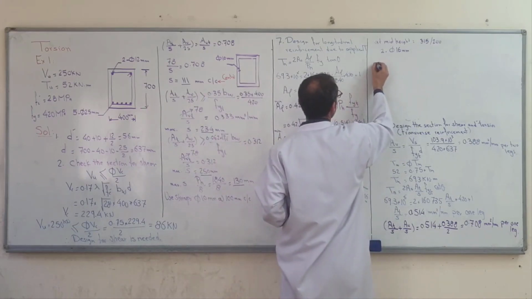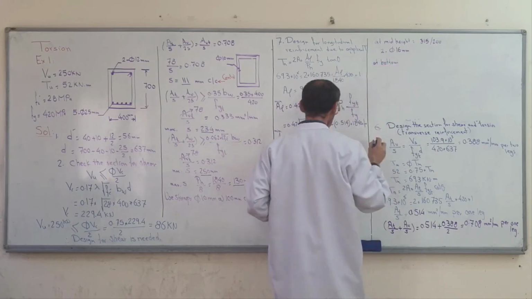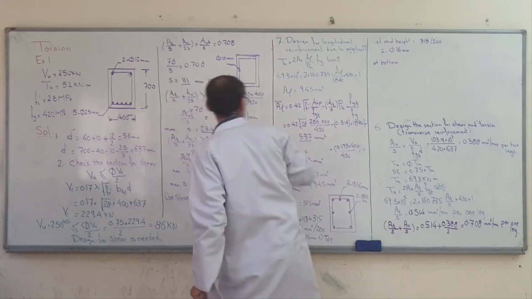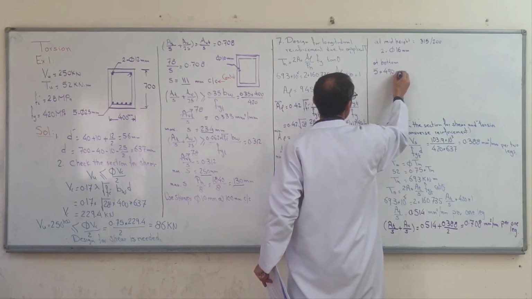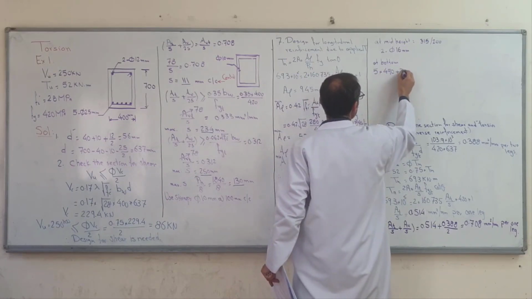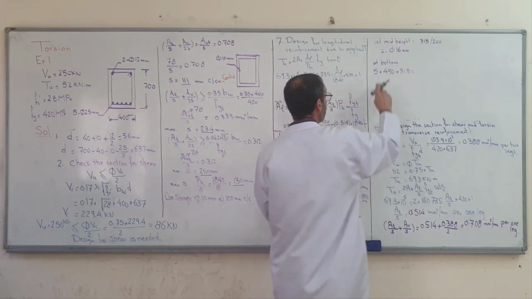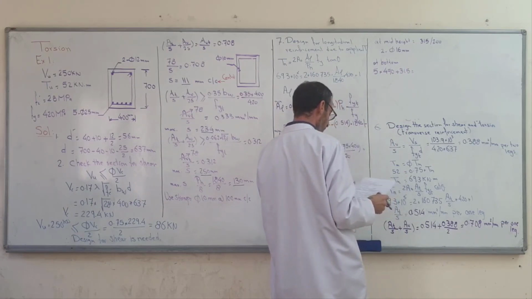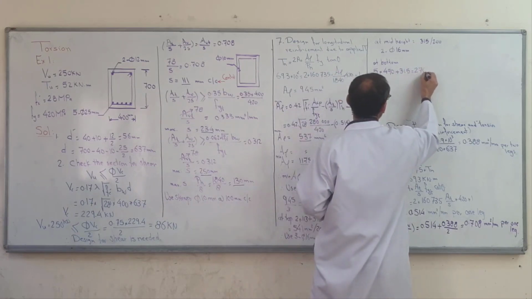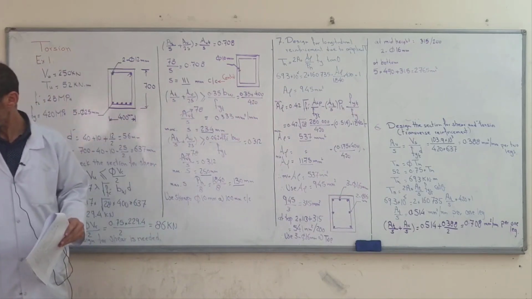Now at bottom we have 5 times 400 plus 600 millimeter square. This is due to bending, and this is due to torsion, and this is equal to 2765 millimeter square.